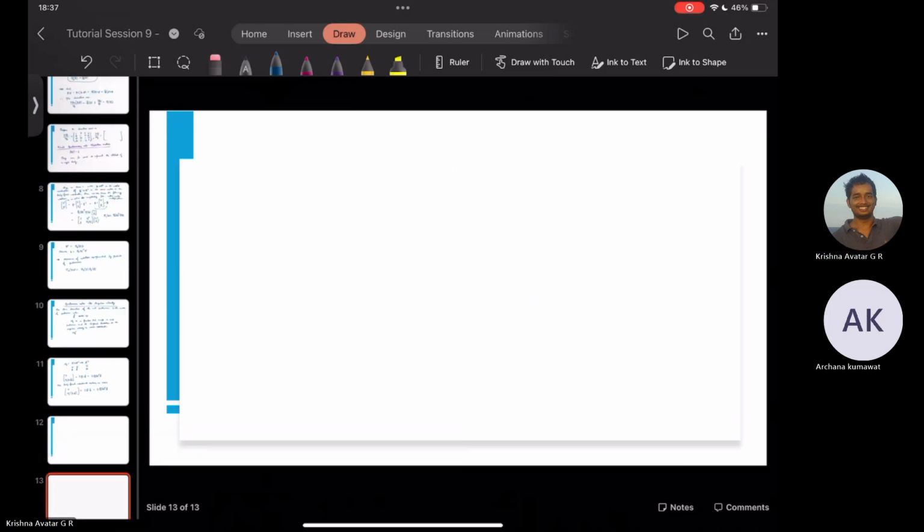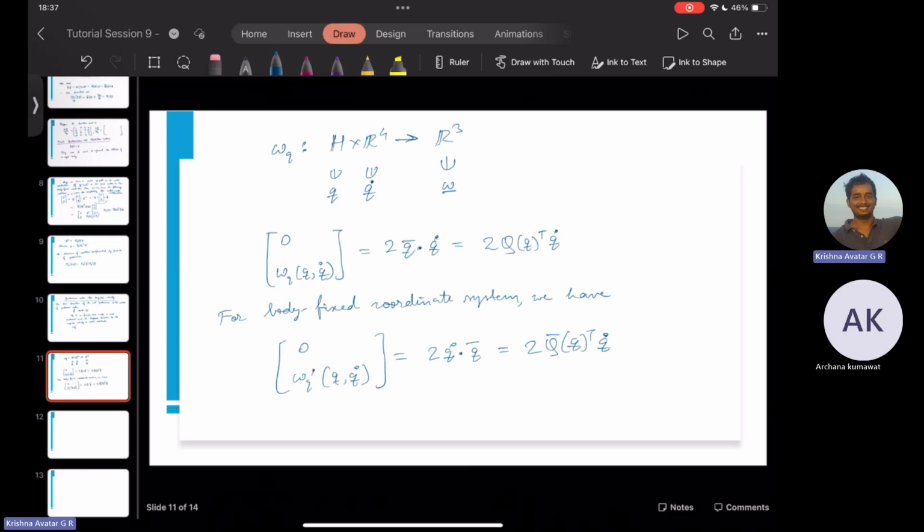Now from here we could write WQ as a function of course of Q and Q dot. This is equal to 2 times capital W of Q vector times Q dot.